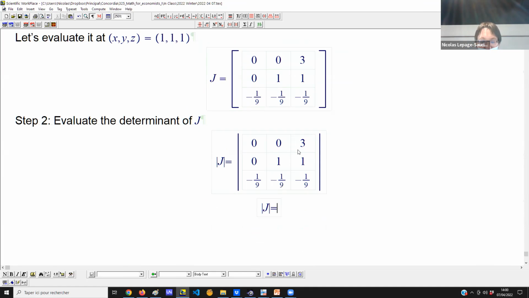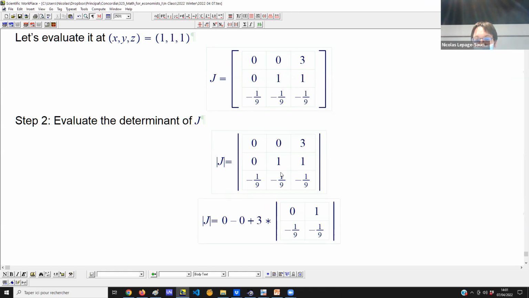So that's 0 plus 0 plus 3 times the determinant of, so that would be minus 0. You see what I did there?